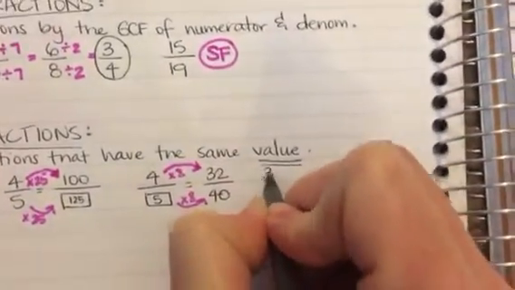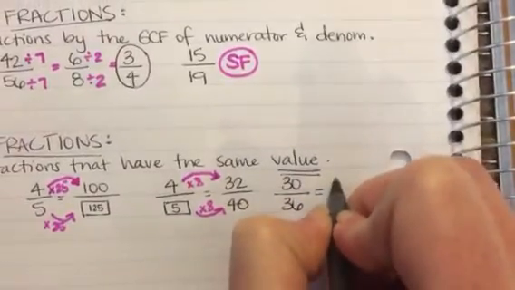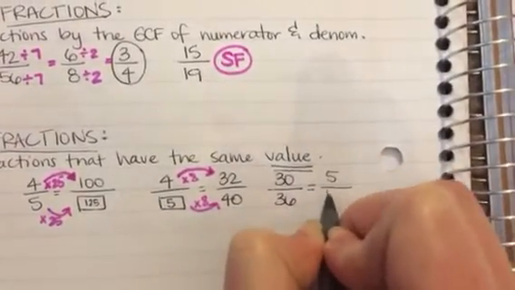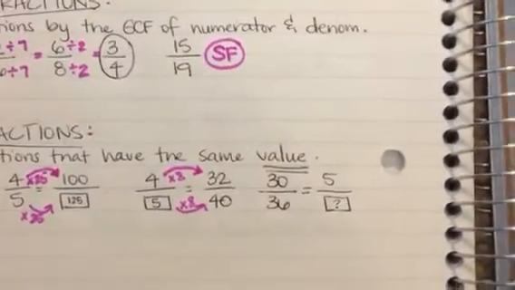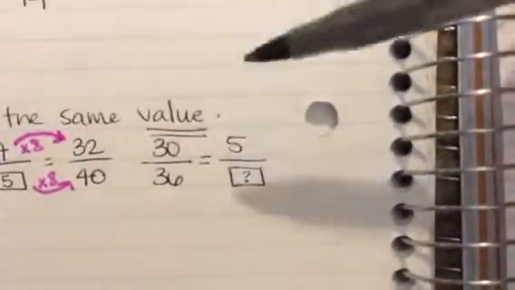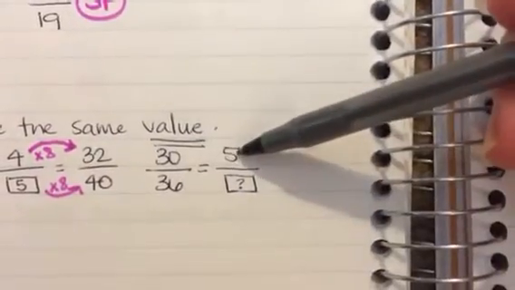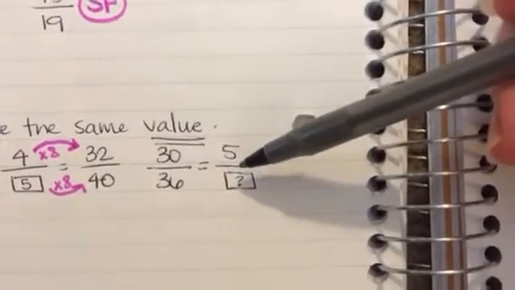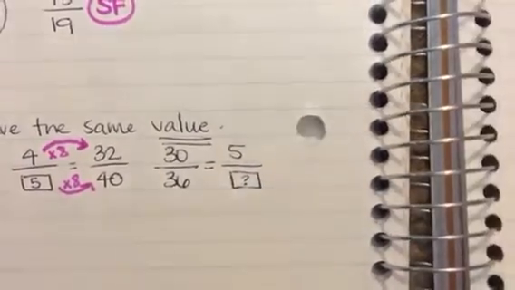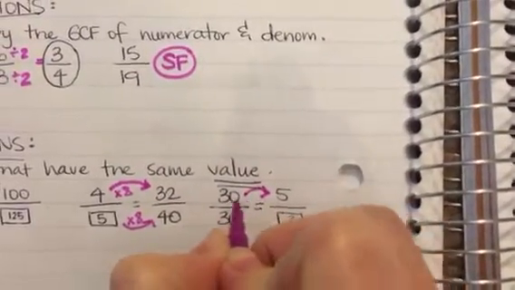Well, if you know your times tables, you know that 5 times 8 would give me 40. Now, probably the hardest equivalent fractions for students are the ones where you have a bigger fraction first, and a smaller fraction second. So students tend to panic with these. It's like they can't figure out how is it that I can get from here to here. It's obviously not multiplication because my numerator is getting smaller. So now you begin to think about how is it that I can get from 30 to 5?